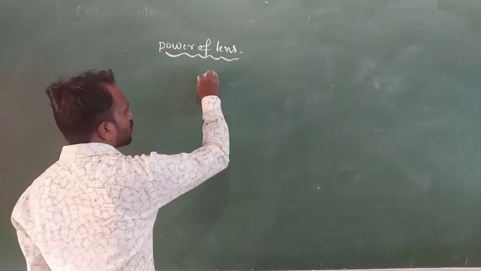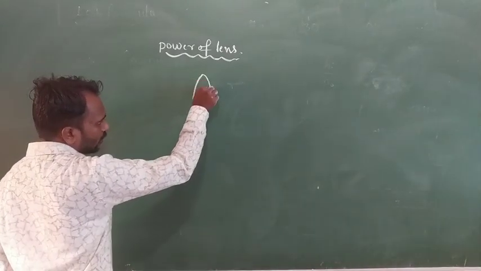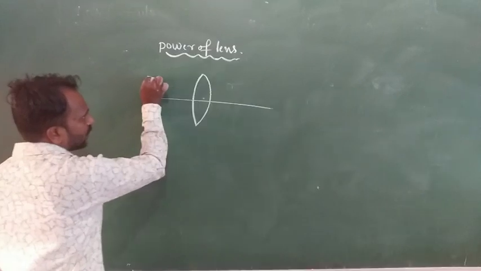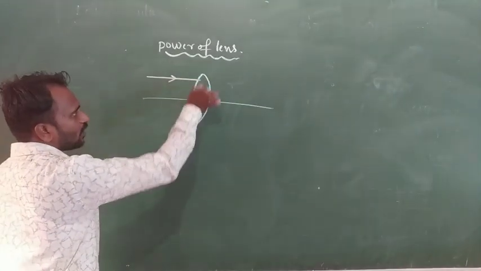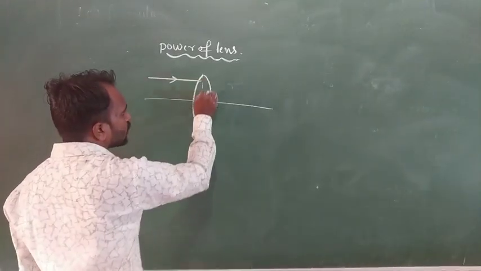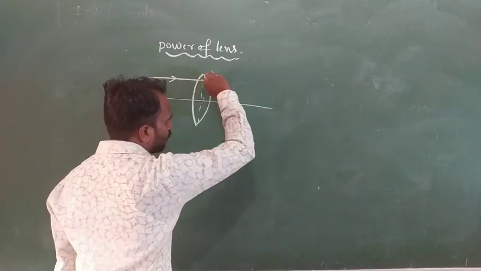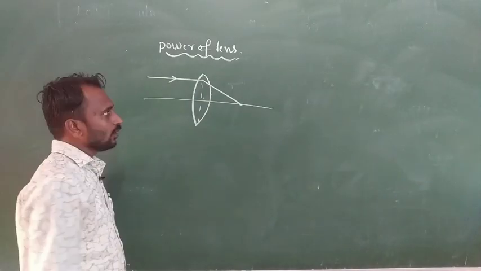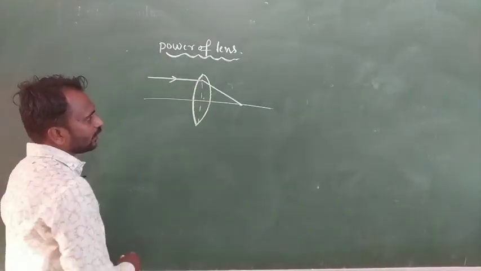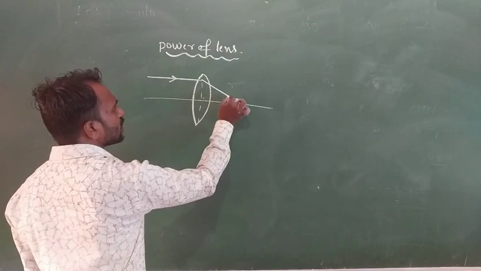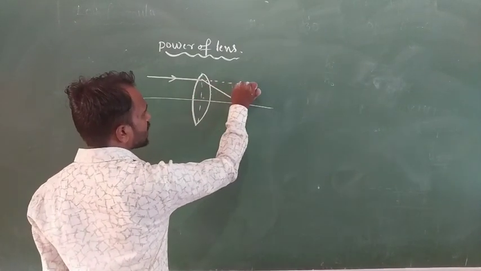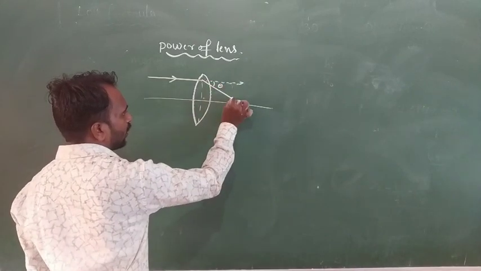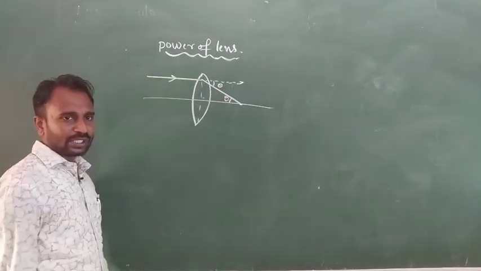Okay, so here suppose this one is a convex lens, the principal axis, and this one is an incident ray, incident on this convex lens. Then what happens? This light ray converges, or has the ability to deviate. Here this one is the extended incident ray, and here we get the angle theta.